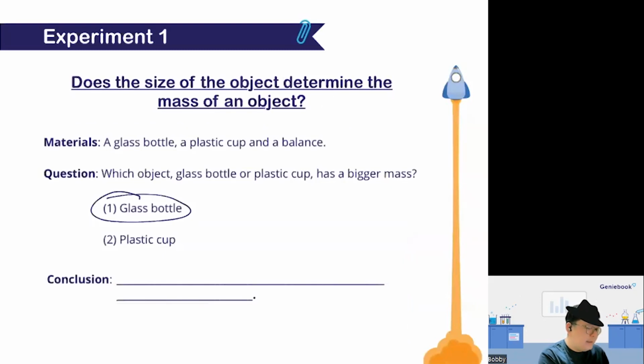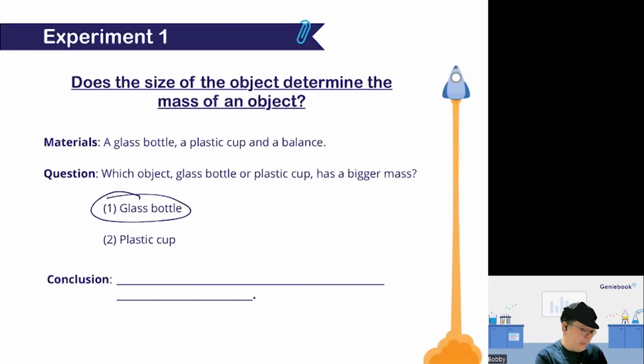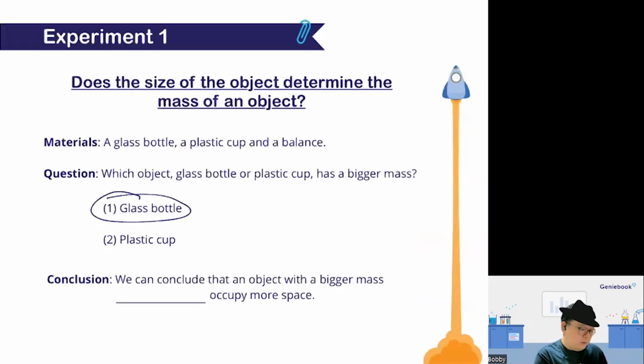In this case, since it went down on the right side, that means the glass bottle has a greater mass. And that is our conclusion.